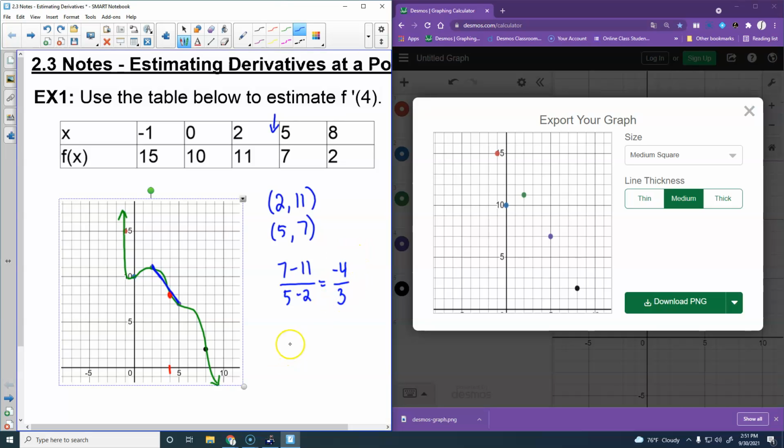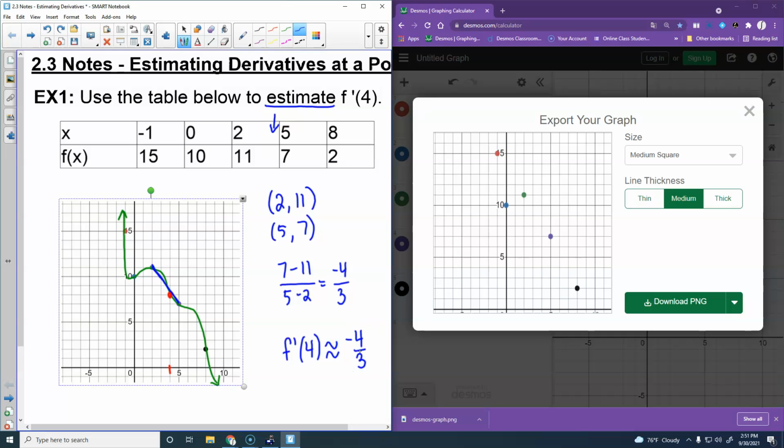So f prime of 4. Now this is really important here. Does our derivative equal negative 4/3? It does not, because we are estimating here. So the symbol you need to use right here is the squiggly equal sign, which means f prime of 4 is approximately negative 4 over 3.